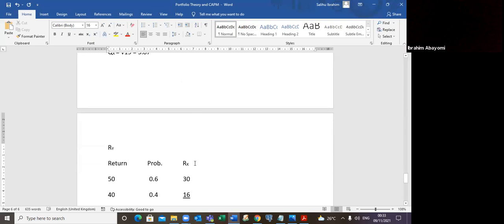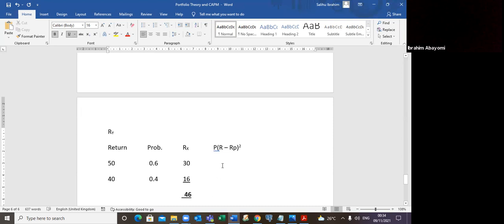I do the same thing for investment Y. For investment Y, I have probability times R minus the expected return, squared. The first one is 50 minus 46, squared, times 0.6.